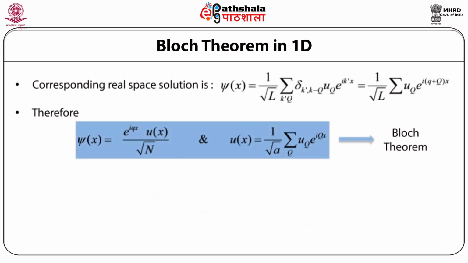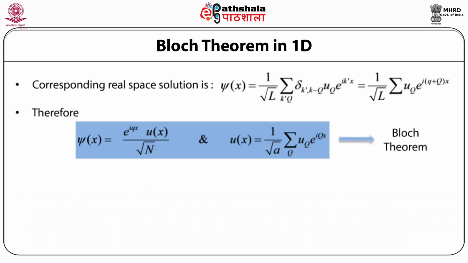So now the corresponding real space solution is phi x is equal to 1 by root L summation over k prime capital Q delta k prime comma k minus capital Q U capital Q e raised to power i k prime x, which is equal to 1 by root L summation over U q e raised to power i (small q plus capital Q) into x.